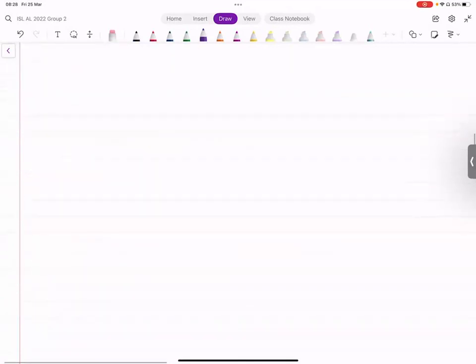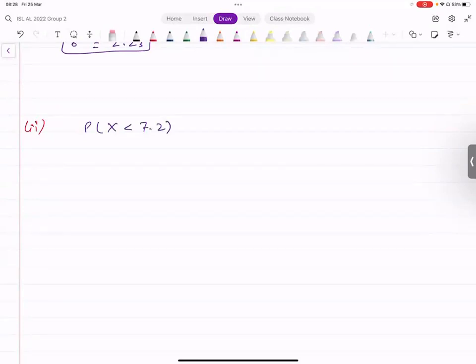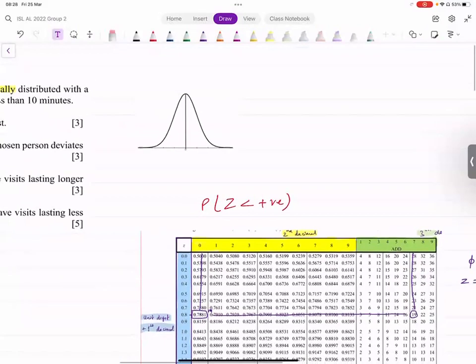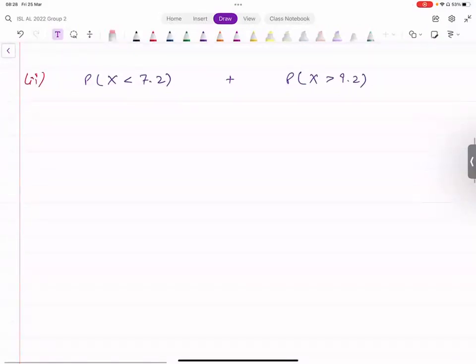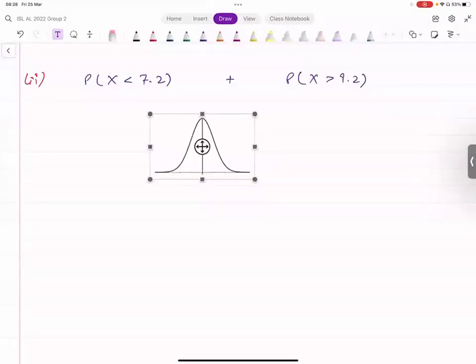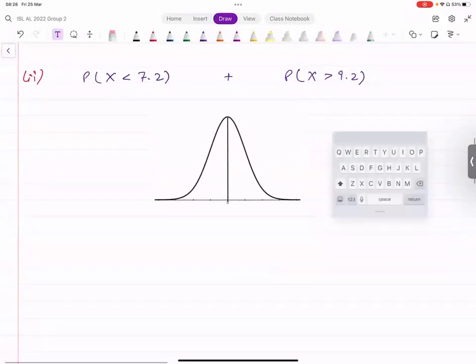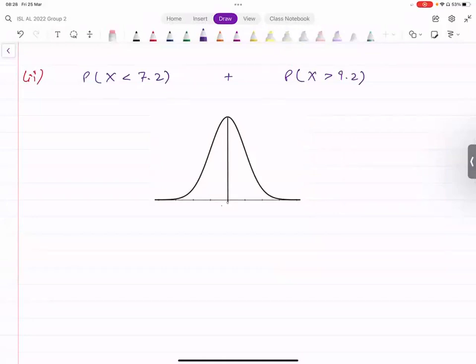Mean से deviate करता है more than 1 minute, so that's what we do here. The second part, we need two things: probability of x less than 7.2, एक ये figure out करना है, और इसमें add कर देना है probability of x greater than 9.2. ये दोनों हमें figure out करना, ठीक है. अगर हम normal distribution curve के ऊपर देखें, let's say इसका mean यहाँ पे क्या था, 8.2 था, so we've got 8.2 in the middle for this distribution.